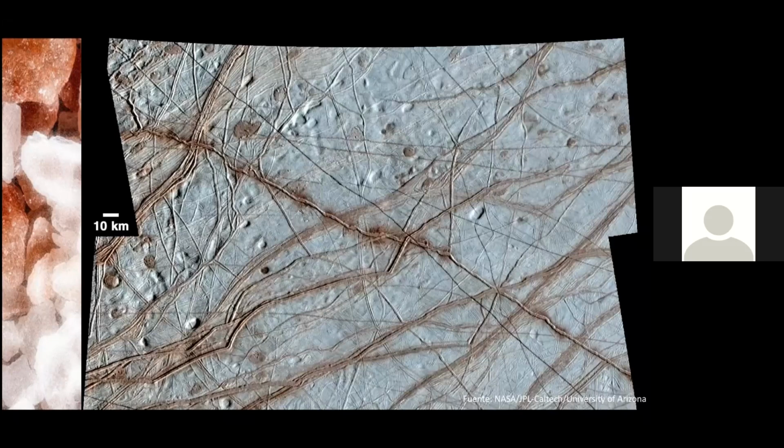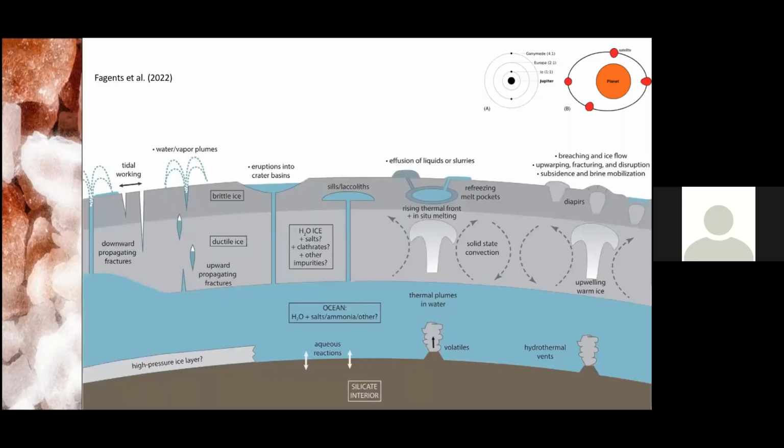So we wanted to know how these features form, how are the mechanisms to form the cryomagmatic fluids, how these cryomagmas evolve. So we try to have answers from the laboratory data.